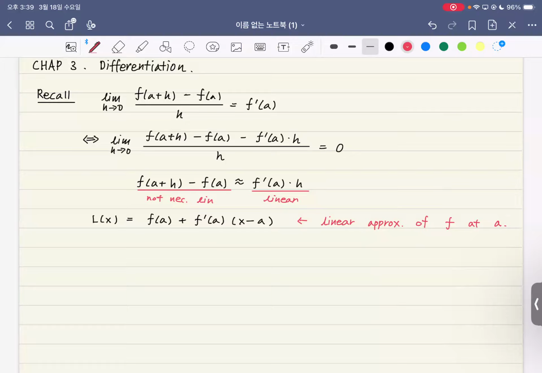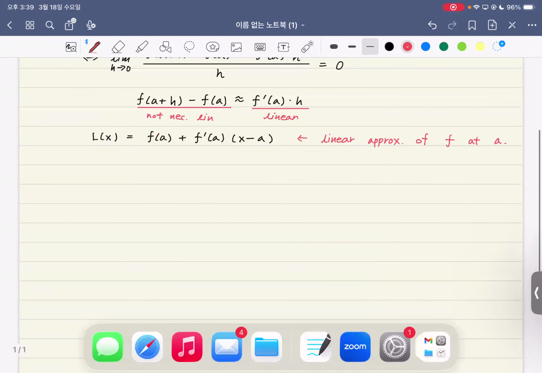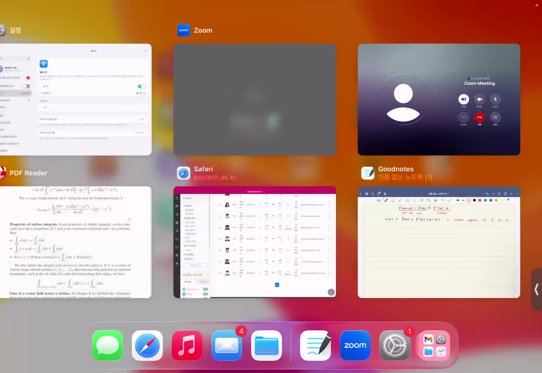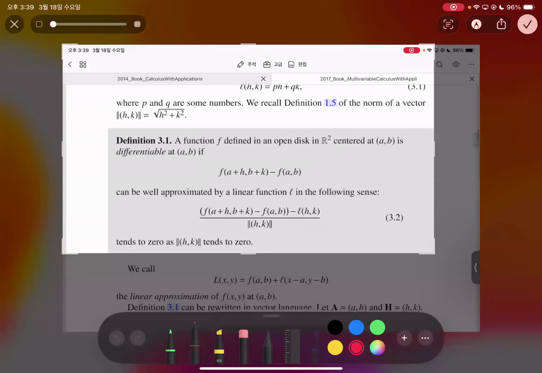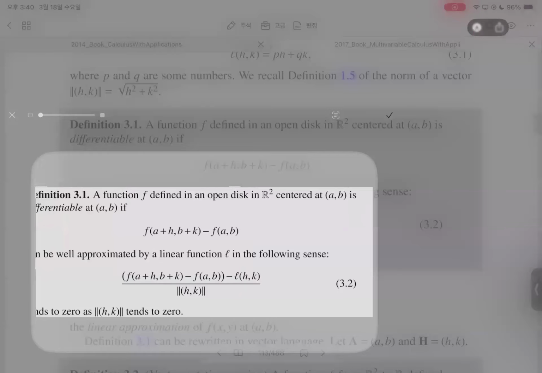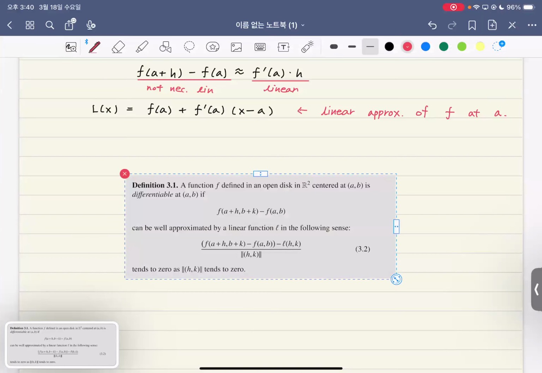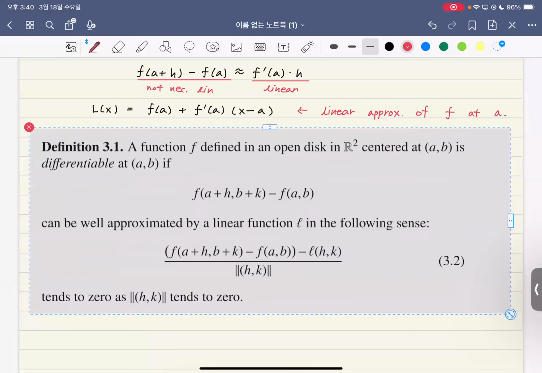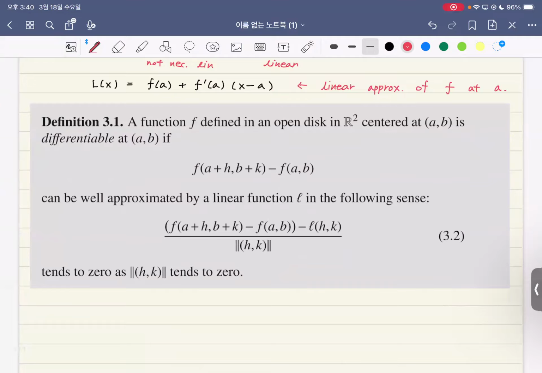But I don't want to make our lives too complicated, so for today's lecture, we will only be focusing on functions from R2 to R. We have this definition: a function f from R2 to R. Even though it does not mention the codomain explicitly, this is a function from R2 to R.